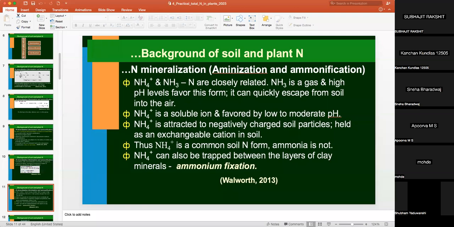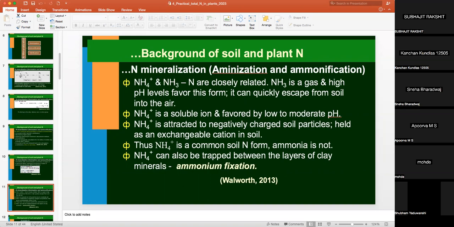For more, students are advised to see other sources, such as Nature and Properties of Soils. In Pradeep's book, you can find this double diffuse layer. Ammonium is attracted to negatively charged soil particles, held as an exchangeable cation in soil. So it can be adsorbed by the soil colloids, whether inorganic colloids or organic colloids.